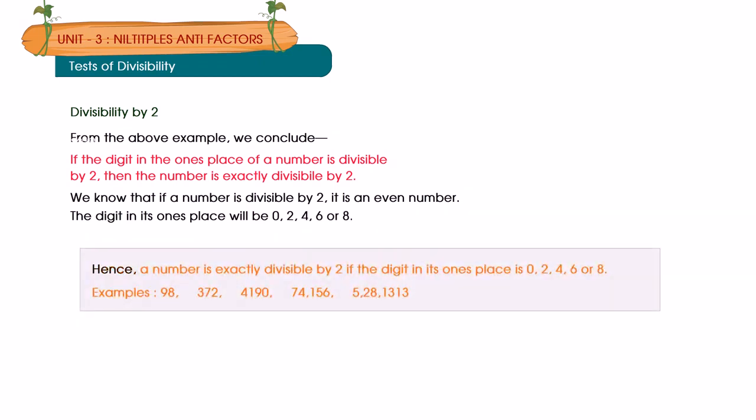Hence, a number is exactly divisible by 2 if the digit in its ones place is 0, 2, 4, 6 or 8. Examples: 98, 372, 4190, 74,156, 5,28,138.